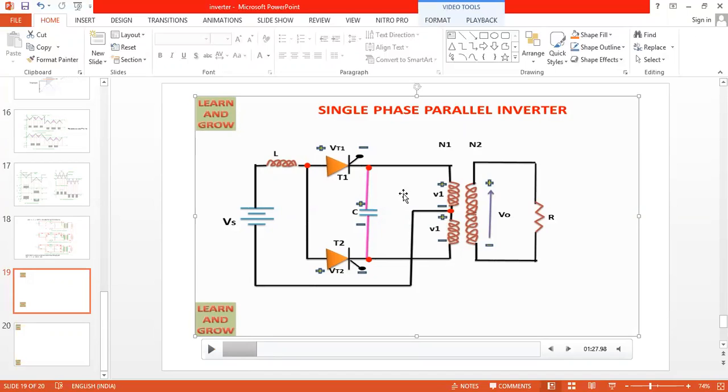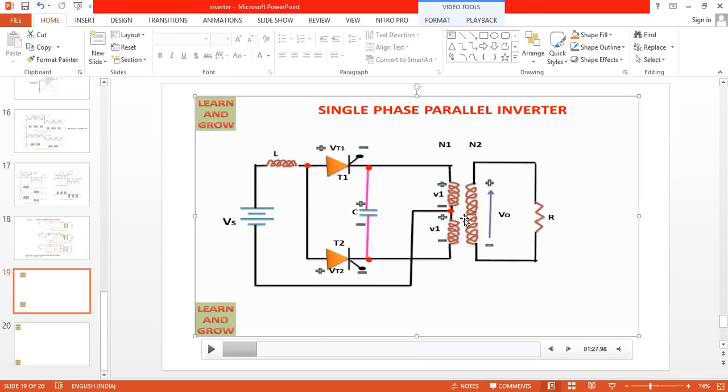So why is the circuit like this? What exactly is the meaning here? The parallel inverter contains a center tapped transformer. You can ask, sir, why not use inductors? Why do we have to go for the center tapped transformer? In a few circuits where the energy storage is maximum, we must go for very large values of inductor.